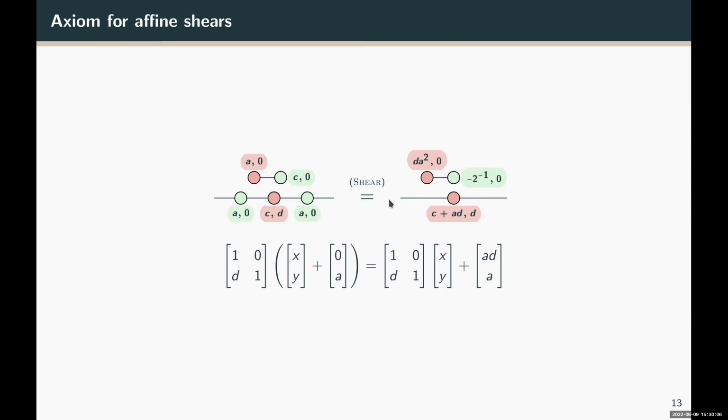And so when you send a green spider through an antipode, it picks up a minus in the Pauli part. So this is intentional, that there should be just a positive A on both sides. I hope that answers the question.